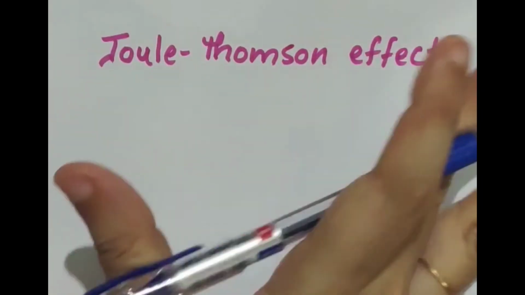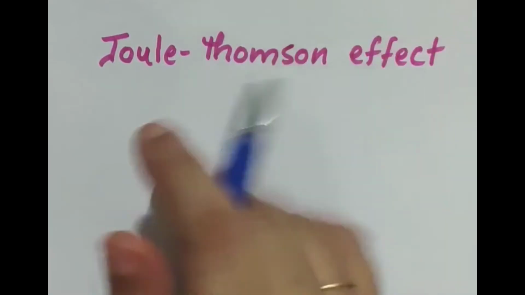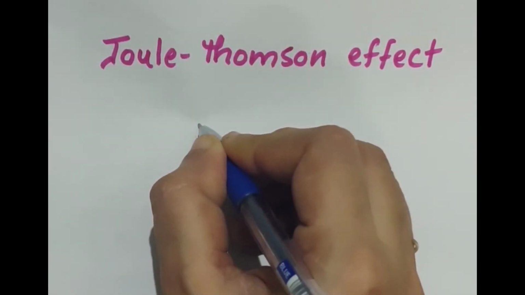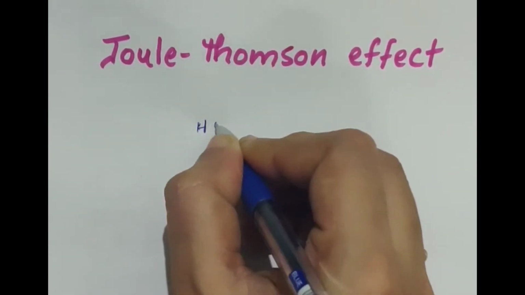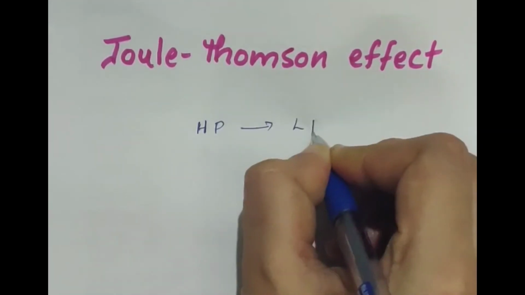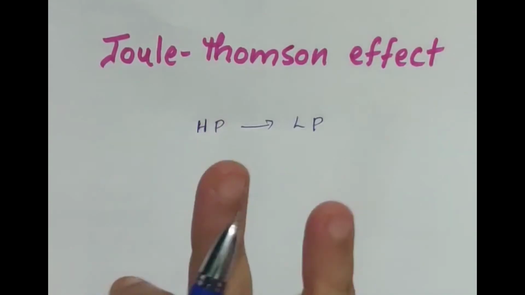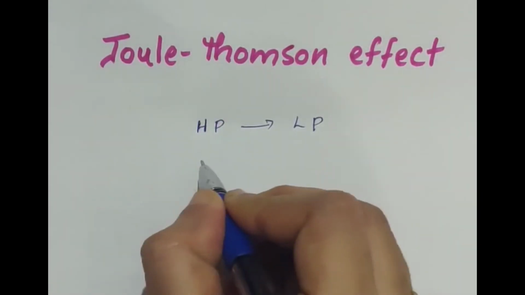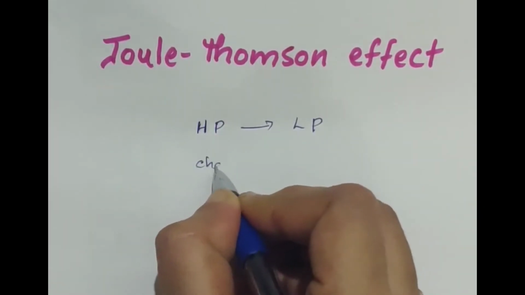That is, in the Joule-Thomson effect, the gas expands from a high pressure region to a low pressure region, and also there occurs a change in temperature.